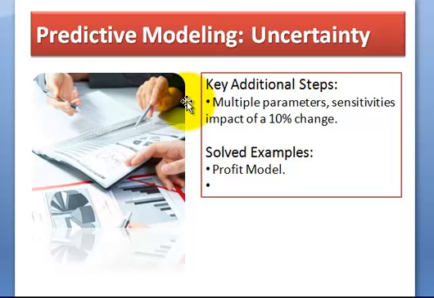What if we want to know what happens if all my parameters go up or down by 10%? What's the impact on my revenue or my customer satisfaction or my earnings, depending upon what our model is? So we'll do that example with a profit model, and we'll also show you how to do some interesting visualization of the sensitivities so it's easy to present to folks.